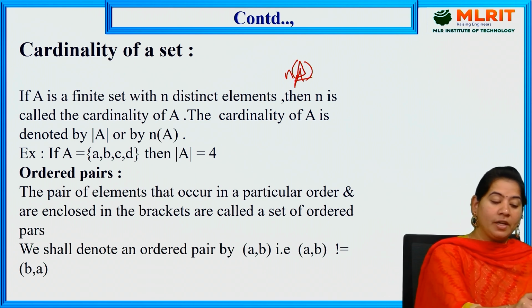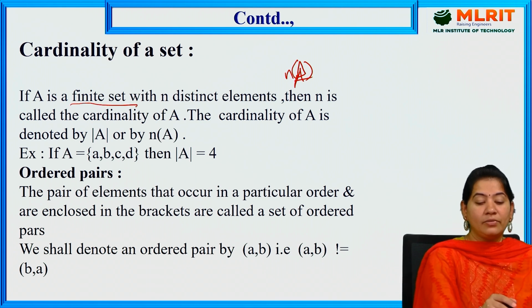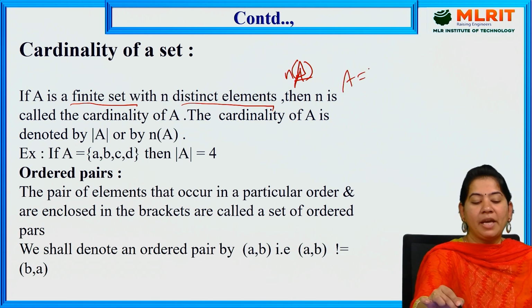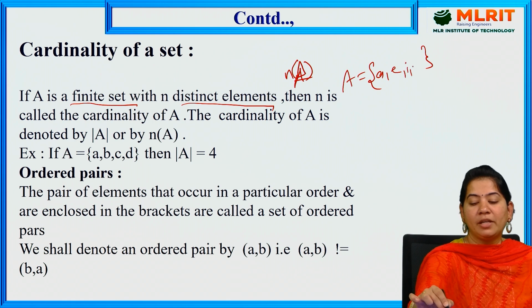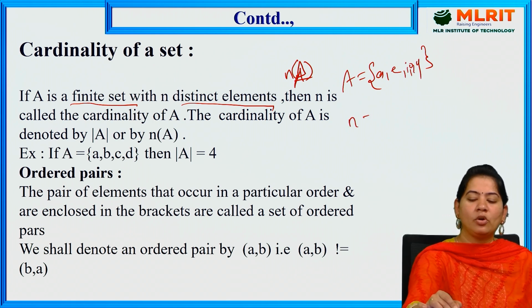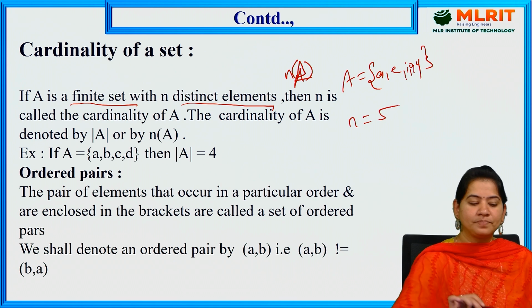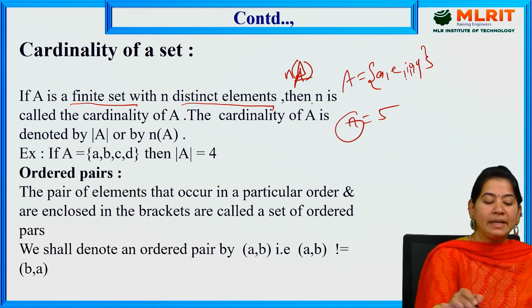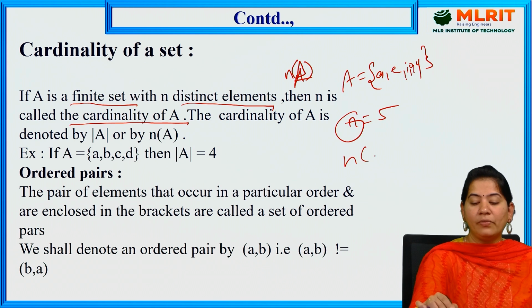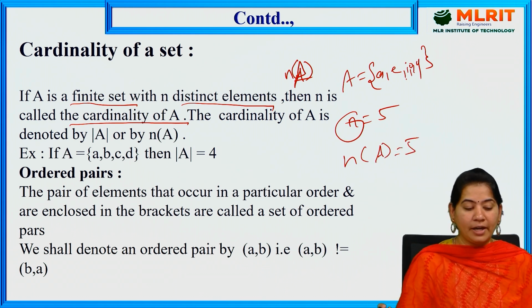So here if A is a finite set with n distinct elements, let us suppose A is the set of vowels, that's why I have taken AEIOU. With some n distinct elements, how many elements do we have? We have 5. Then that particular n is called the cardinality of A, so n(A) = 5.